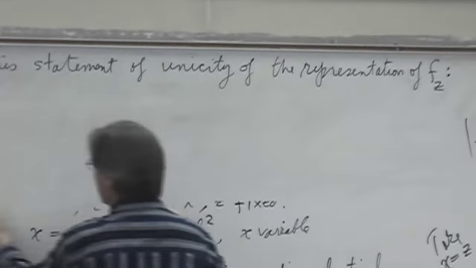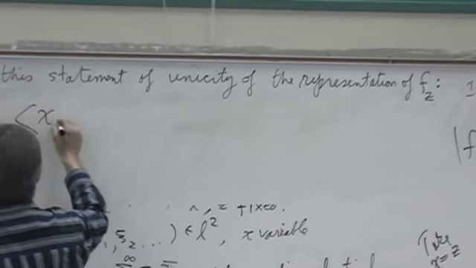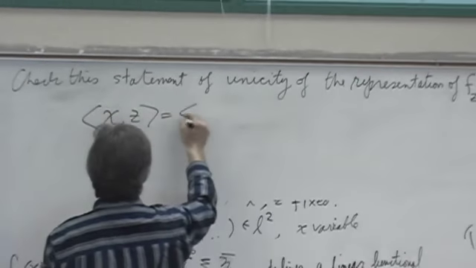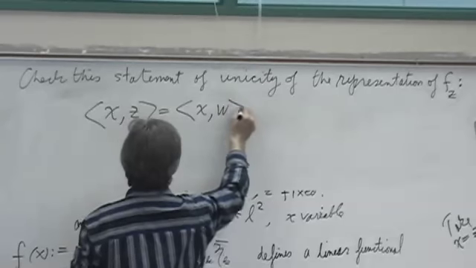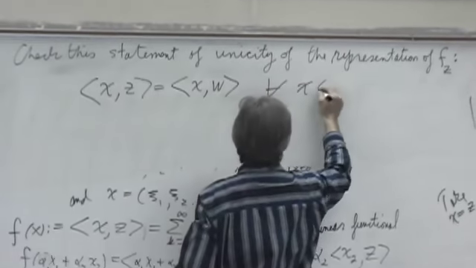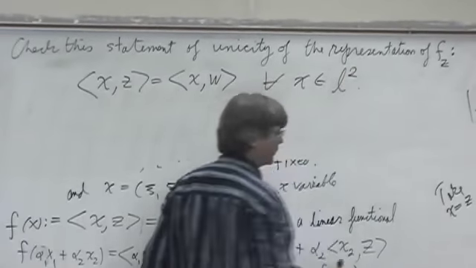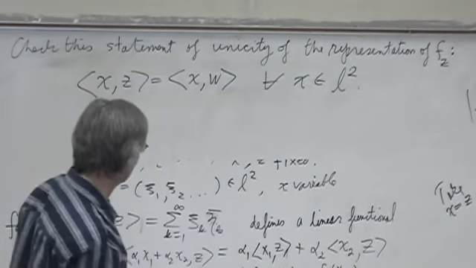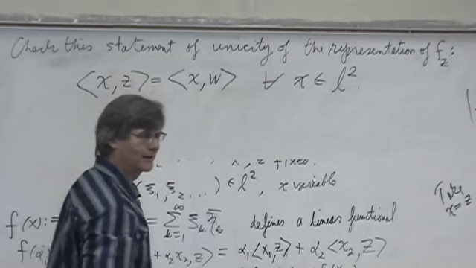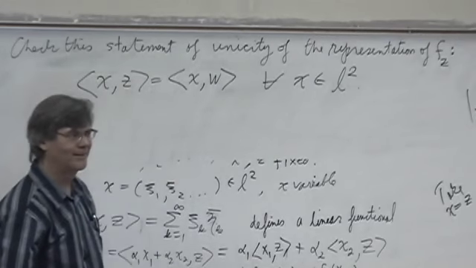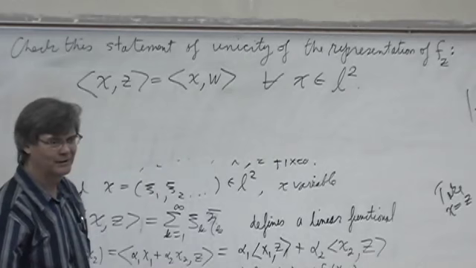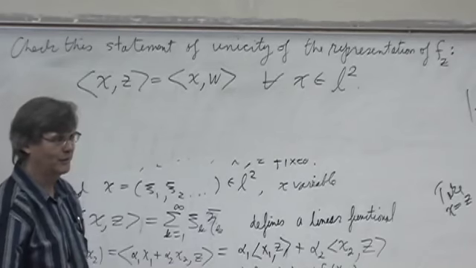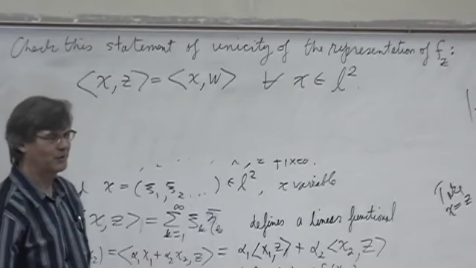Let's check that. If I've got xz equal to xw for all x in little L2, I'm just working with the example right now, even though it's not important. As you can see, I haven't used any properties of little L2 yet, except that I had an inner product, just to make it more explicit.